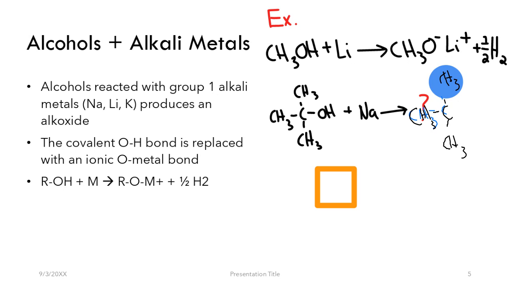The sodium is just going to replace that hydrogen there, and I'm going to have a negatively charged oxygen, positively charged sodium, and then one hydrogen again. And these are alkoxides.